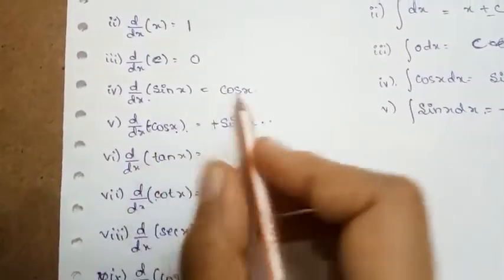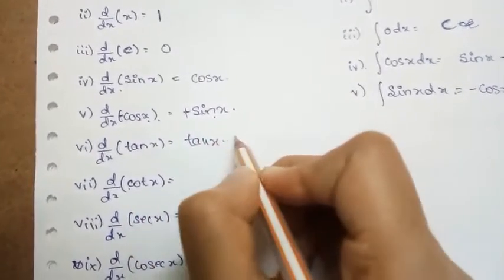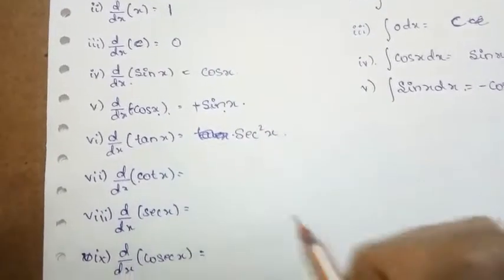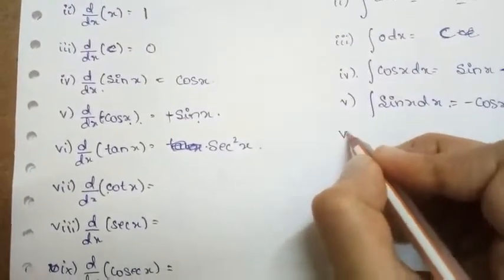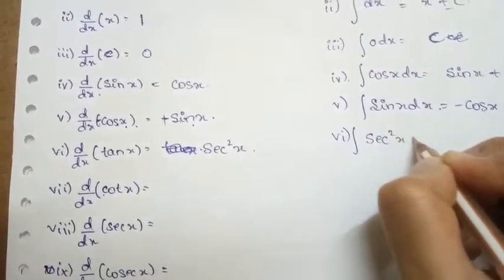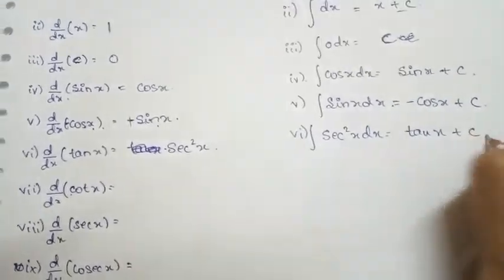Similarly, what is the differentiation of tan x? The differentiation of tan x is secant square x. So the integration of secant square x dx is tan x plus c.